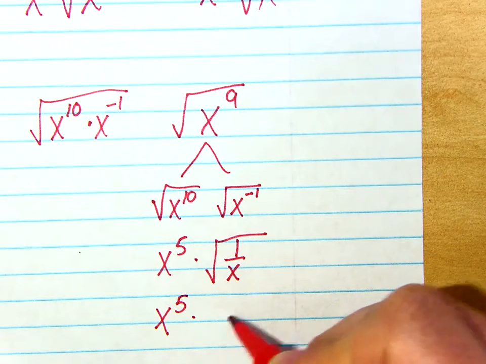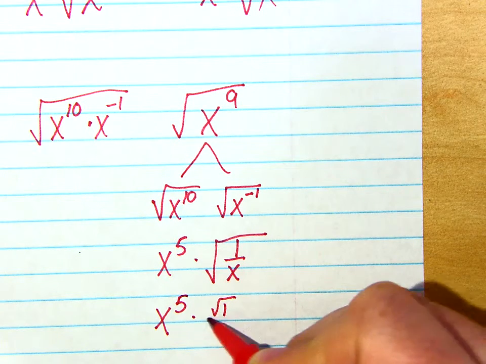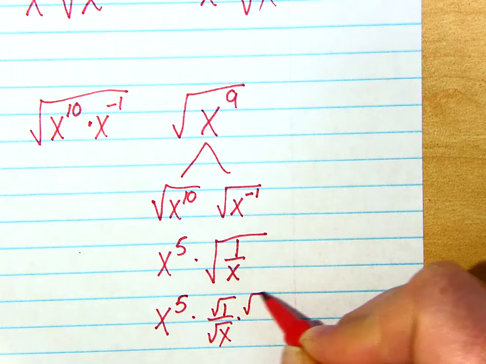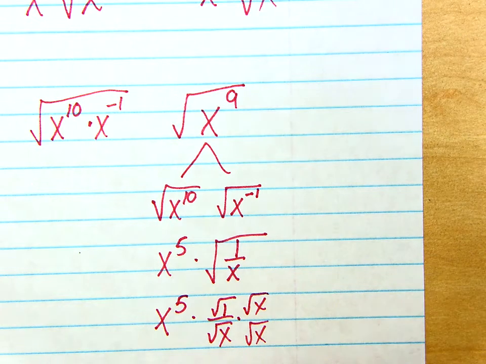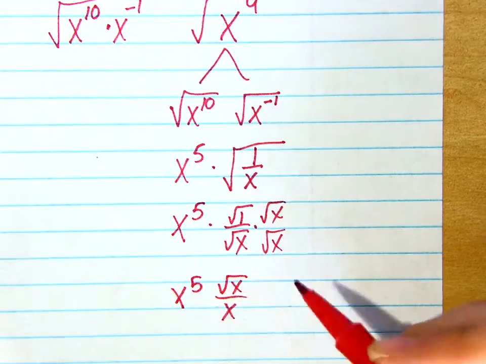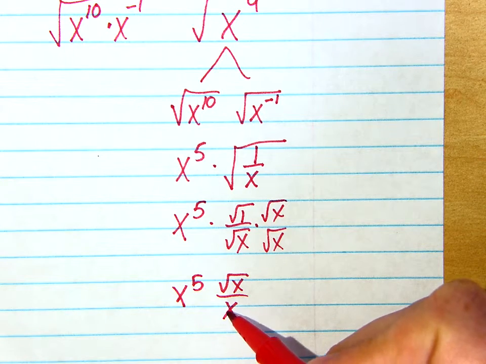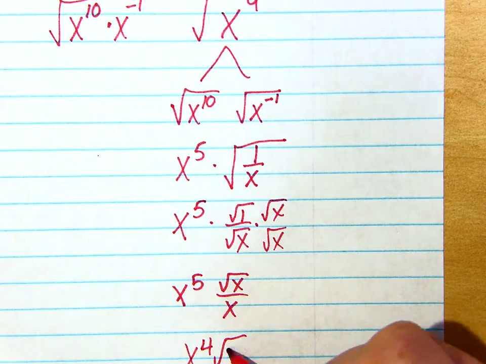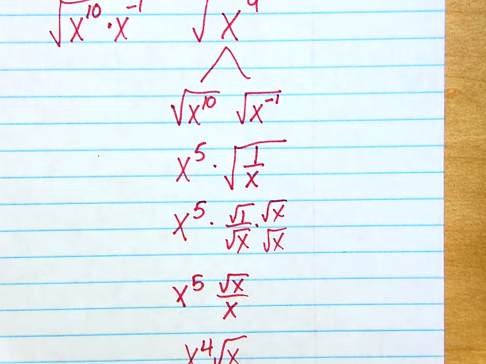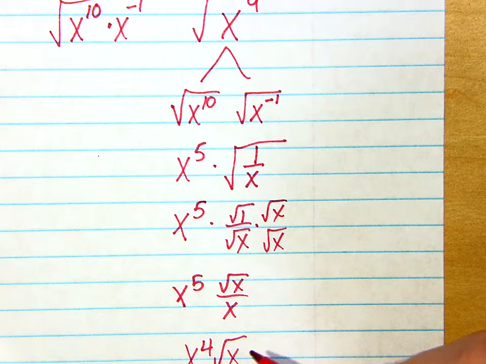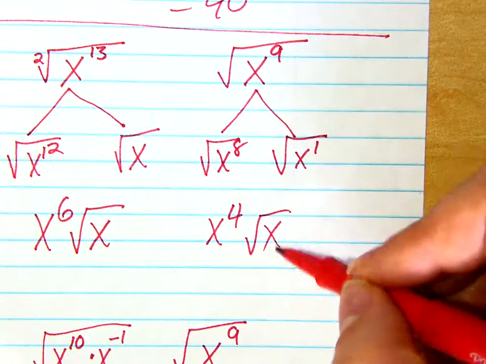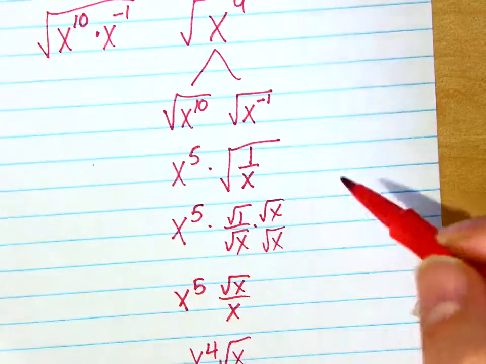That would be square root of 1, which is just 1, over the square root of x. So then you multiply by square root of x over square root of x. So now I've got x to the 5th times square root of x over x. But then I can simplify these two, right? If I have x to the 5th over x to the 1st, that's just x to the 4th root x. So yes, you can do it, but why would you ever? You wouldn't. So I got the same answer that I got this way, but way more steps.